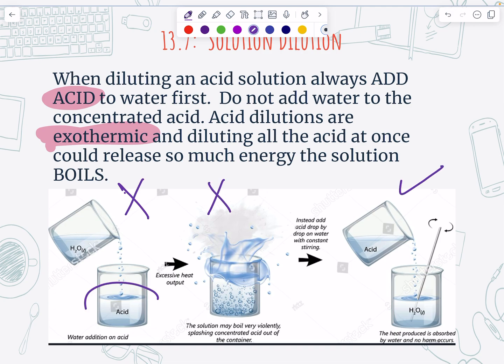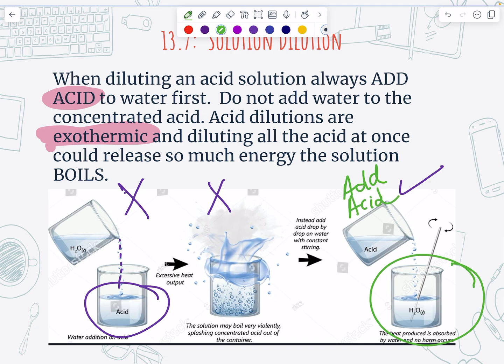If I were to take the acid and just add a little bit of water at a time, I would be diluting all of the acid all at once. That would release, exothermic, a lot of energy, a lot of heat. And you can actually make it so that the solution starts to boil. And now you have boiling acid, steaming acid. That's not a good situation. So what you do instead is you have the water down here and you add the acid.